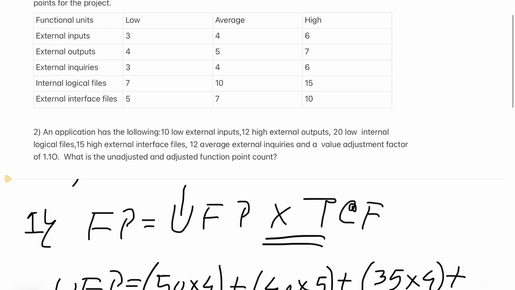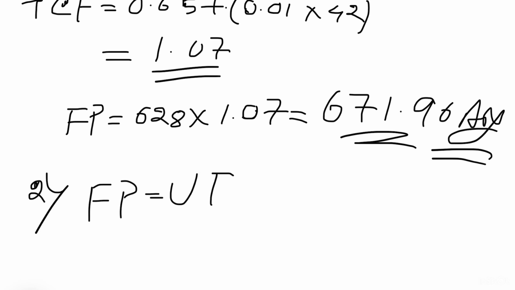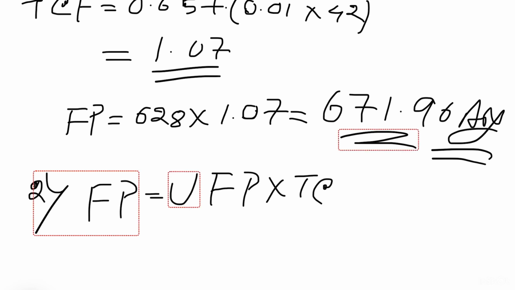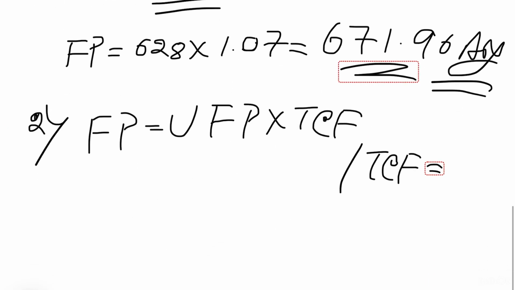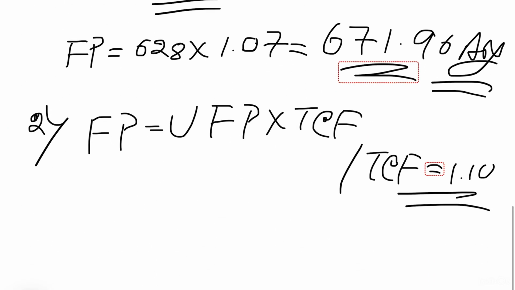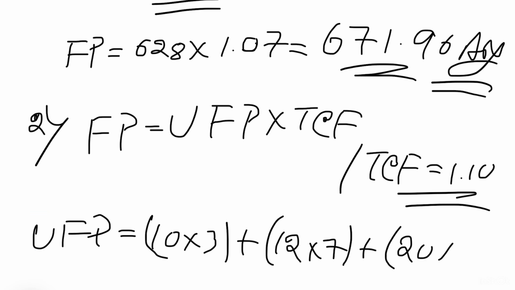So let's see. For our second question, we have FP equals unadjusted function points into TCF, and TCF is given as 1.10. Let's calculate the UFP, which would be 10 into 3 plus 12 into 7 plus 20 into 7 plus 15 into 10 plus 12 into 4.